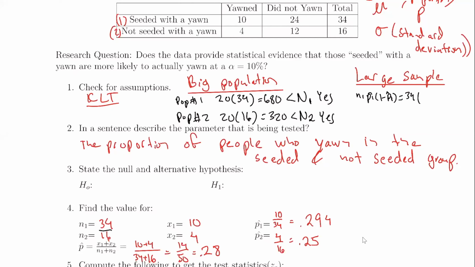P hat of 1 is equal to 0.294. And we do 1 minus 0.294. So I'm gonna go ahead and work that out. So we do 34 times 0.294 multiplied by 1 minus 0.294.